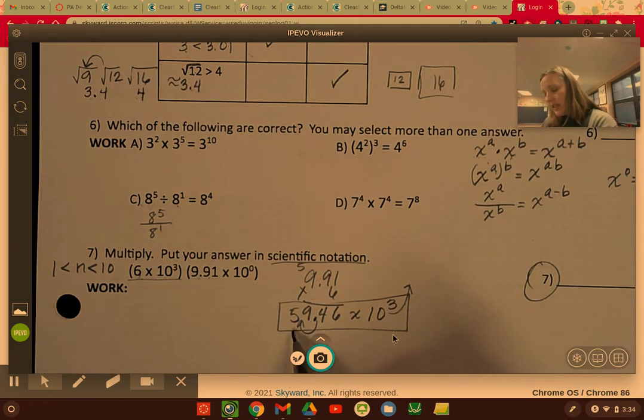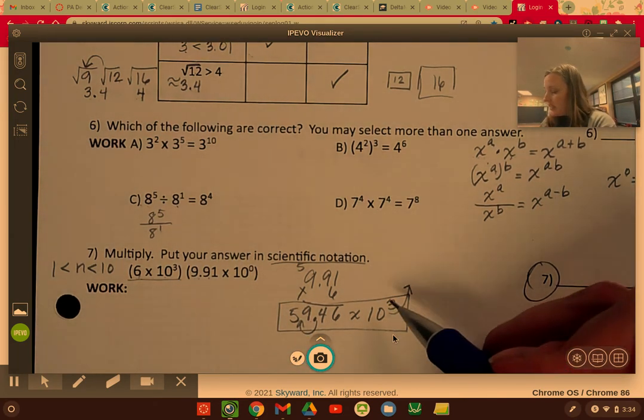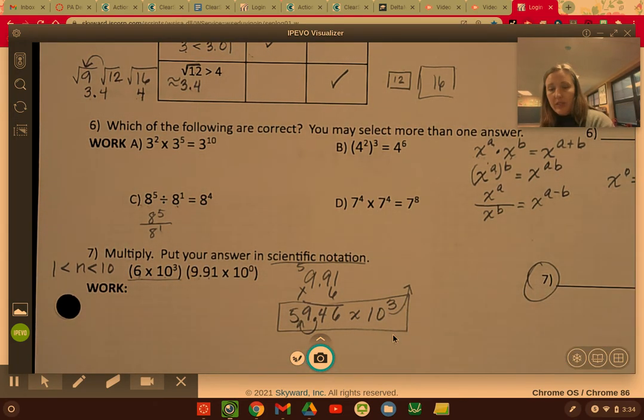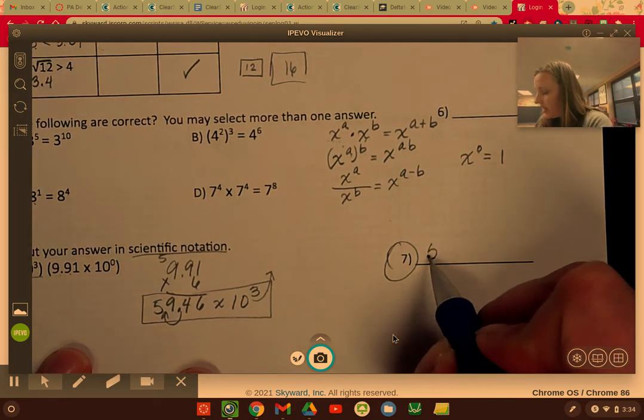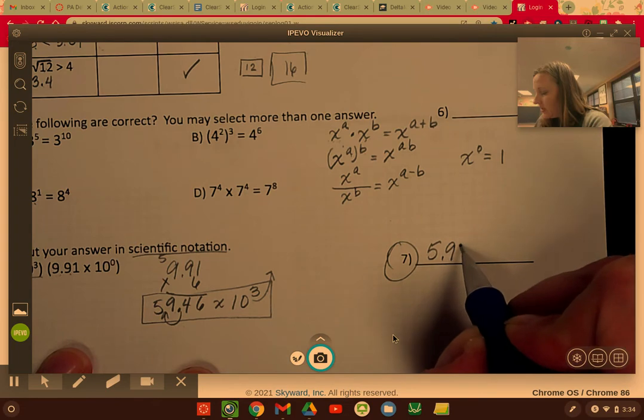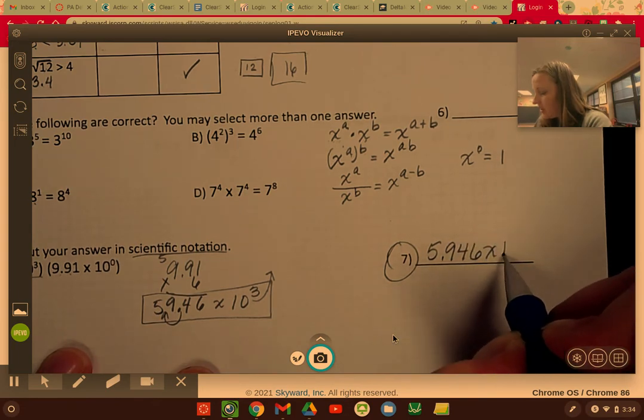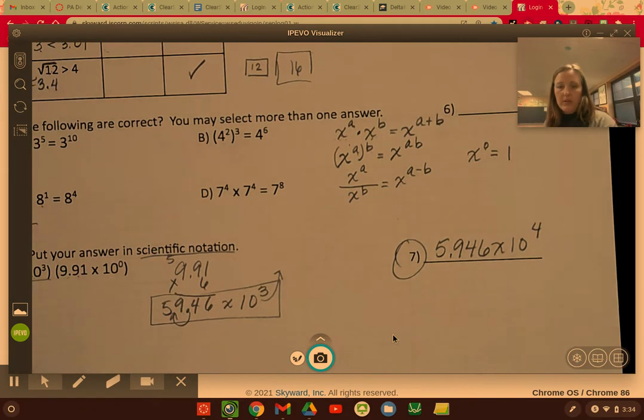If I'm making this number 10 times smaller, I need to multiply by a greater power of 10 to make it equal. So my answer here is going to be 5 and 946 thousandths times 10 to the fourth power.